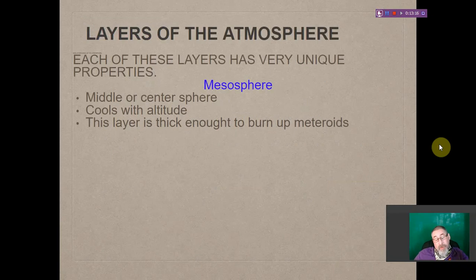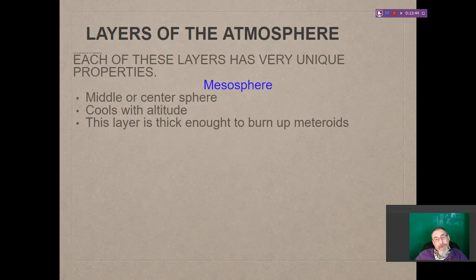Alright, as we're coming towards Earth, the next thing that we're going to hit is the mesosphere. Meso means middle, so this is the middle layer. Whenever you're sitting out at night watching the stars and you see a bright light streak across the sky, you make your wish because you just saw a shooting star.